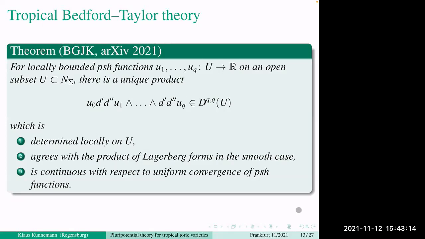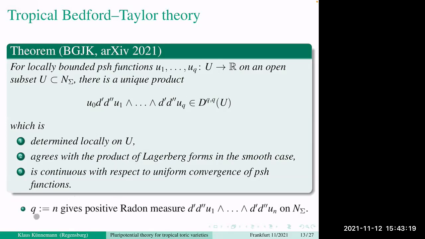We also talked about Monge-Ampère measures. Observe that if q is equal to n, and if you omit the function here, then this product is just a product of positive (1,1) currents. So this is a positive current in top degree, and positive currents in top degree are nothing else but Radon measures. So this construction gives you in particular a measure by this Bedford-Taylor theory.